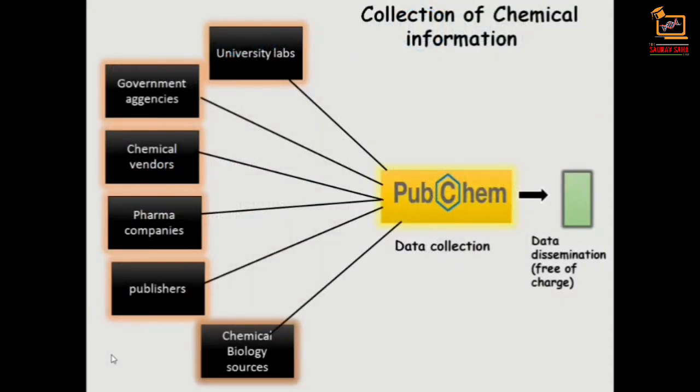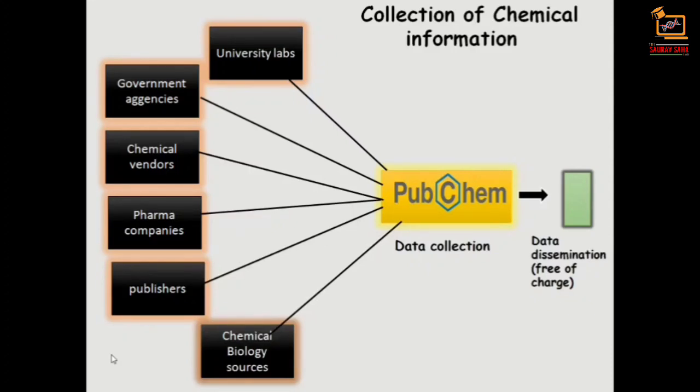Then here we see the collections of chemical information in the PubChem database. PubChem data is provided by more than 350 contributors including university labs, government agencies, pharmaceutical companies, chemical vendors, publishers and a number of chemical biology resources. The data provided by these contributors is not limited to small molecules but also includes siRNAs, miRNAs, carbohydrates, lipids, peptides, chemically modified macromolecules and many more.